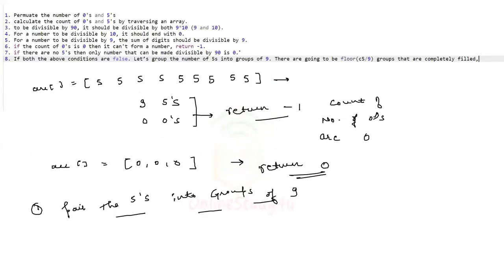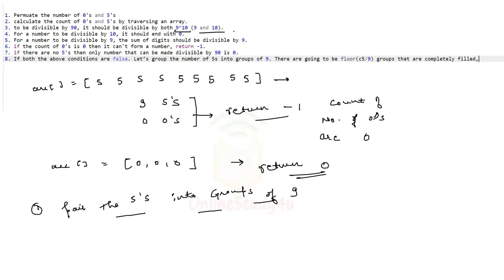These are the algorithm steps that I have written for you. I can summarize all these steps once again. You have to permute the zeros and fives by calculating the count of zeros and fives using a for loop and while loop. If the number should be divisible by 90, then it should be divisible by both 9 and 10.